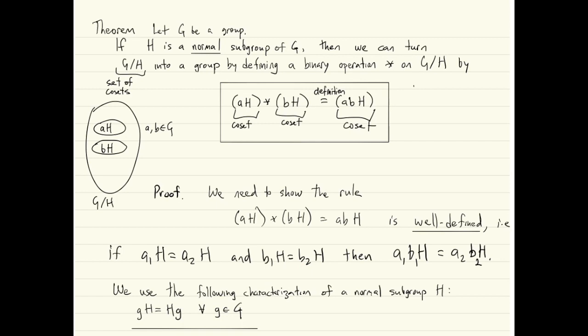It could, but generally it won't. Then what we need to make sure is that A1B1H equals A2B2H. Then this definition will be well defined, meaning it doesn't depend on the choice of representatives that you chose. And that's very important for this definition to be an acceptable definition.